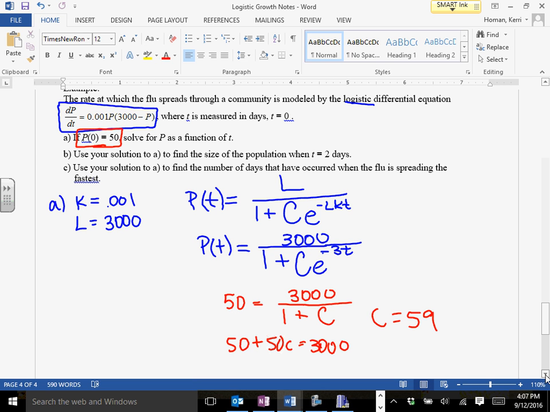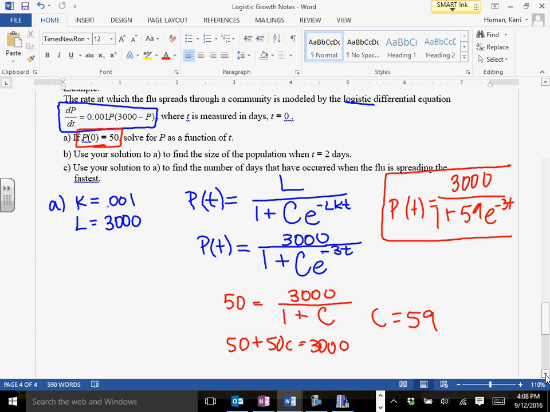Okay, so our equation should be 3,000 over 1 plus 59 e to the negative 3t. That is for when our population starts at 50.